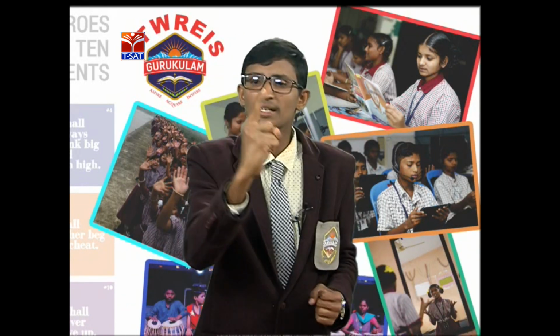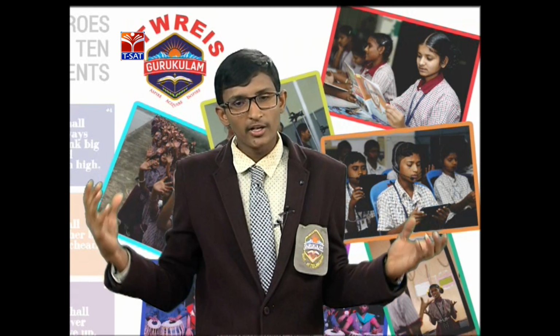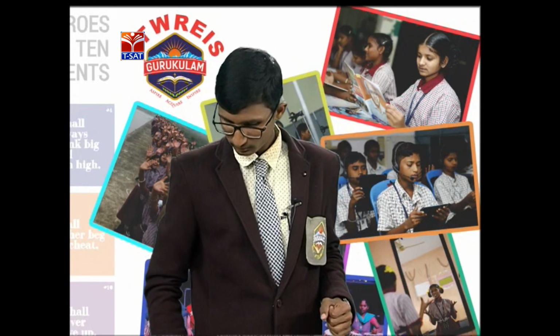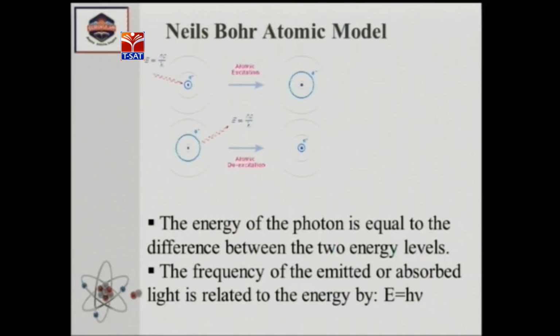This energy will be released as light. The light emitted with a discrete amount of energy is called a photon. The energy of a photon is equal to the difference between two energy levels. Friends, remember, the energy of the photon is equal to the difference between the two energy levels.